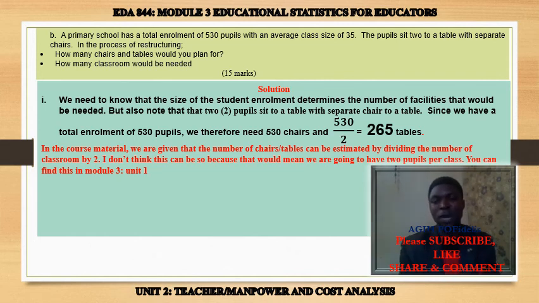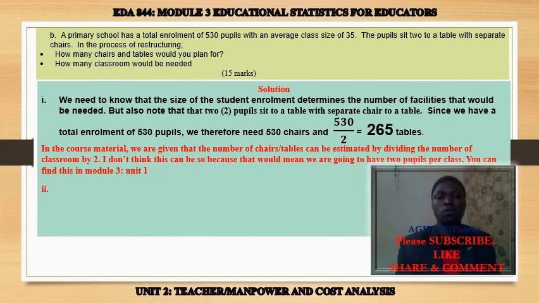I believe that may be a mistake or an oversight there. Please review that in unit 1 of module 3, take a look at it on your own and see what I'm talking about.